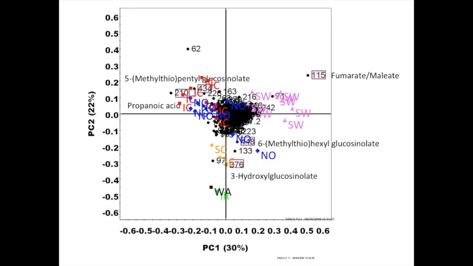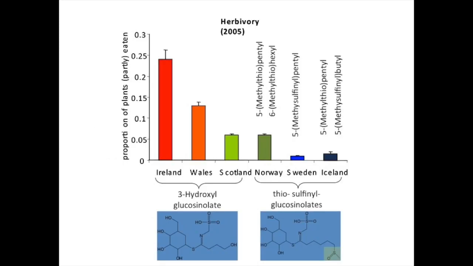If you do some bioinformatics, you can start to work out the likely metabolites those masses belong to, and then you can overlay metabolite names and the country. So for example, down here you've got Wales, Ireland, and so on, with these glucosinolates associated with those countries. Other glucosinolates and other metabolites are associated with pulling apart other countries. Okay. And then we can start to get a bit of a picture.